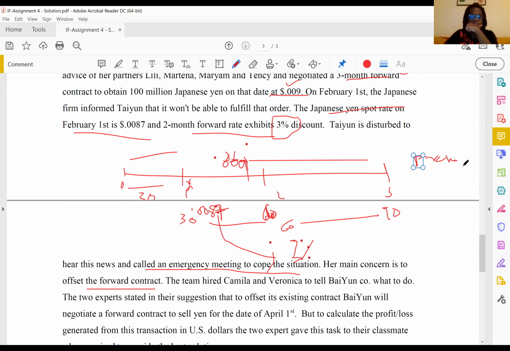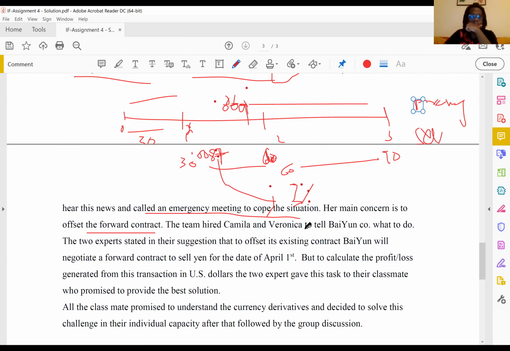So what the offsetting is to sell. So 2 months contract going to be sell 100 million yen. So the team, Camila and Veronica, to tell Baiyun what to do. Two experts stated that offsetting its existing contract, Baiyun will negotiate forward sell, which means 2 months forward to sell.